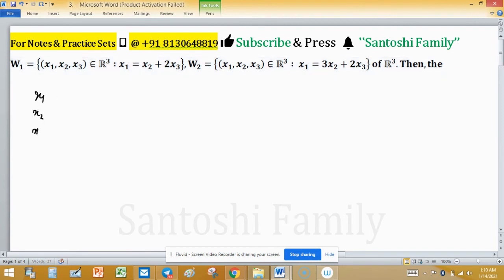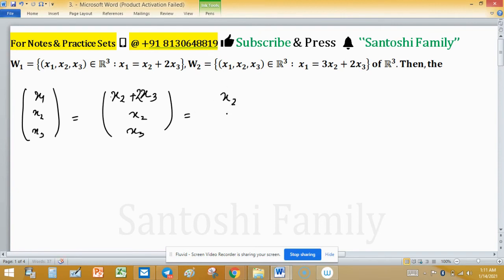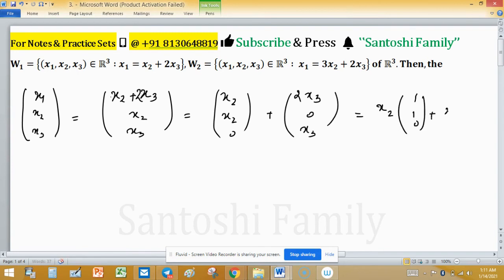If x1, x2 and x3 is an element in W1, then it can be written with x1 as the linear combination x2 plus 2 times x3, so it can be written as x2 times (1, 1, 0) plus x3 times (2, 0, 1). These two are linearly independent, and this is a spanning set.